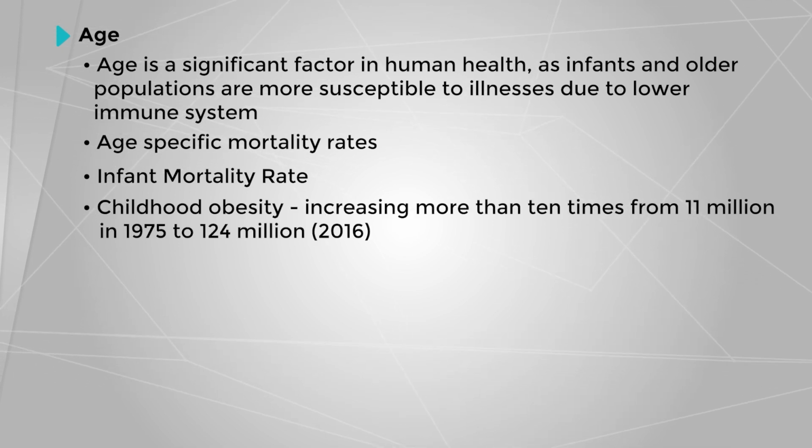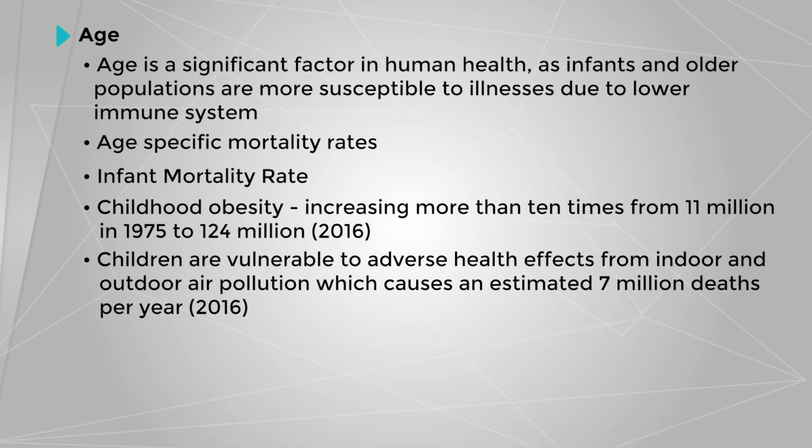The rapid rise in childhood obesity is one of the most serious public health challenges of the 21st century, with the number of children and adolescents affected by obesity increasing more than 10 times from 11 million in 1975 to 124 million in 2016.